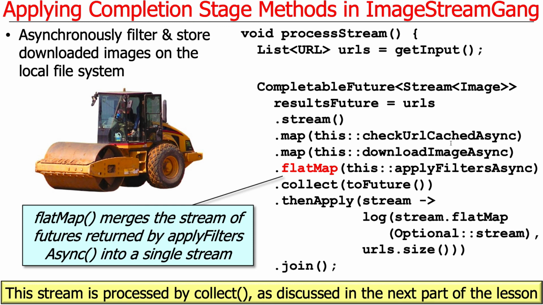And by the way, all the processing that takes place here is asynchronous. So this is an extremely lazy program. Nothing starts doing anything until this is hit, and then all the wheels start turning, and we'll end up with a stream of completable futures that will be collected together in a manner we'll talk about in a second.